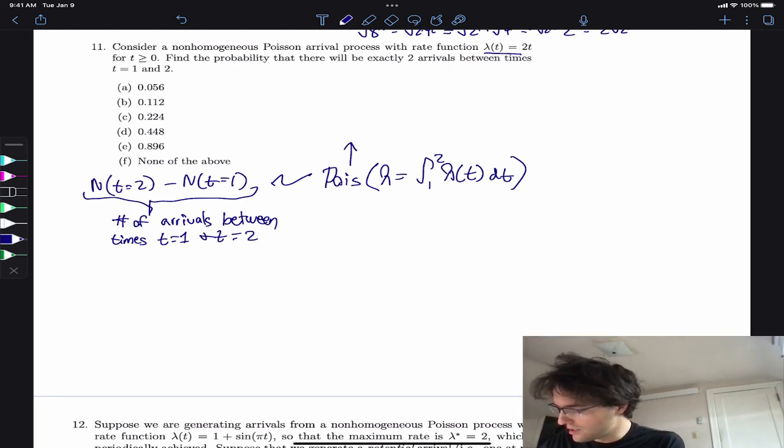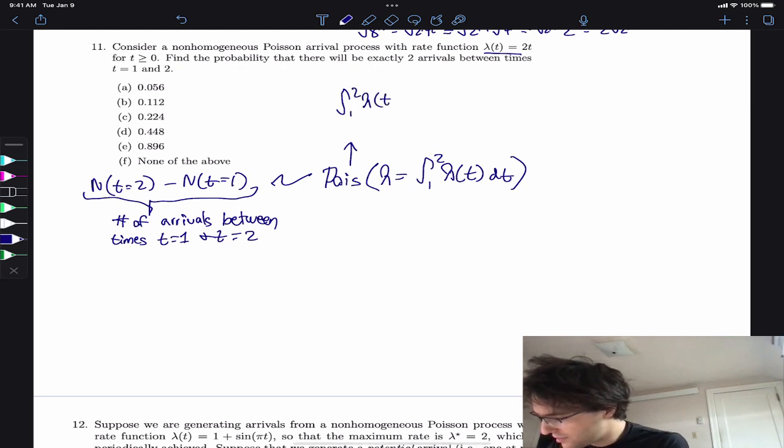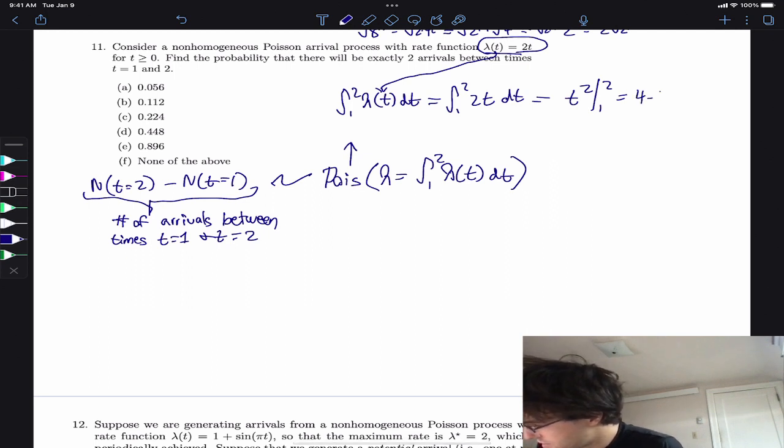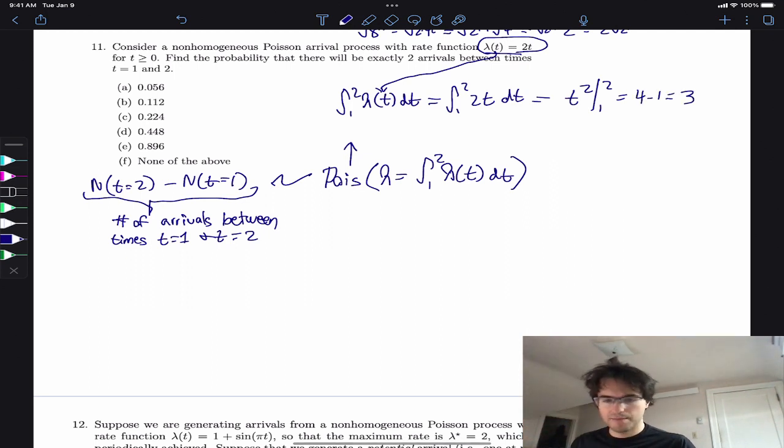And so what exactly is this integral from 1 to 2 of lambda of t dt? Well, we just plug in 2t, so this is the integral from 1 to 2 of 2t dt. That ends up being t squared evaluated from 1 to 2, which is 4 minus 1, which is 3.